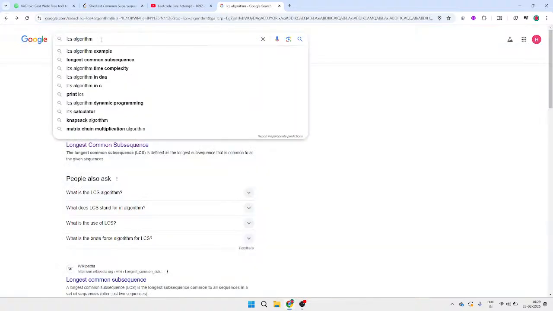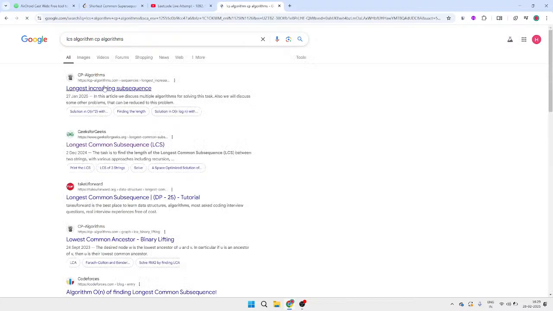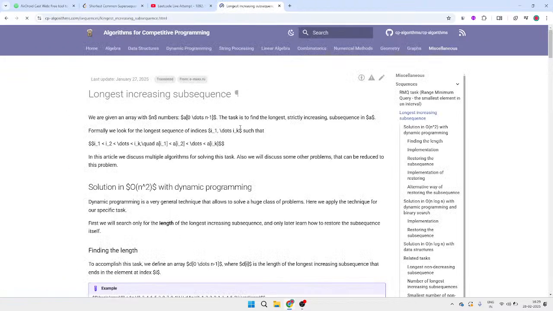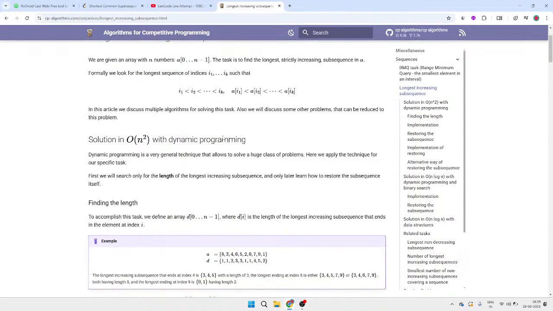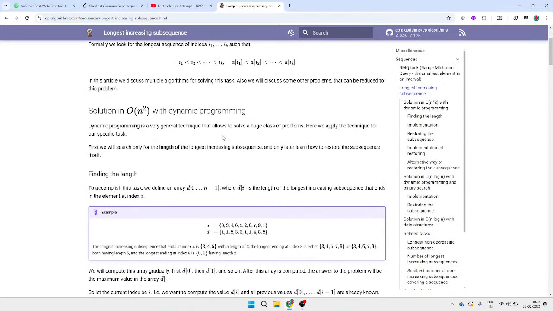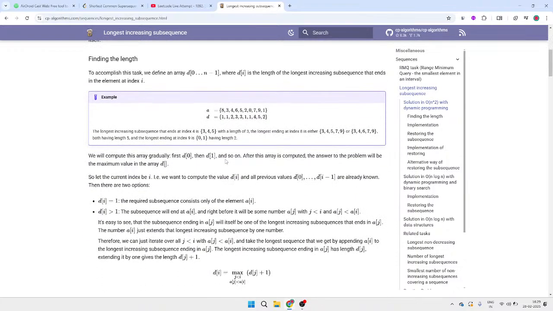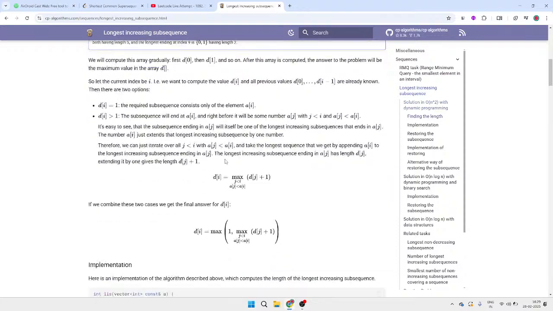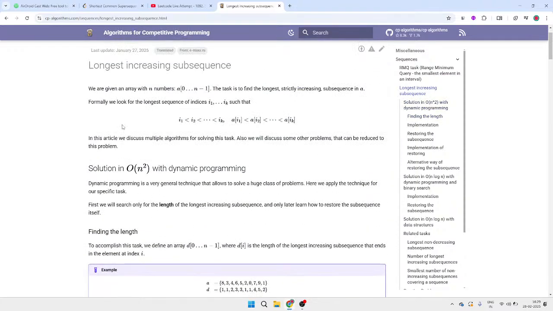So this is LIS, right? They might have been explaining it with a proper solution. So see this, here is the solution. First, for the problem, we are given an array with n numbers.